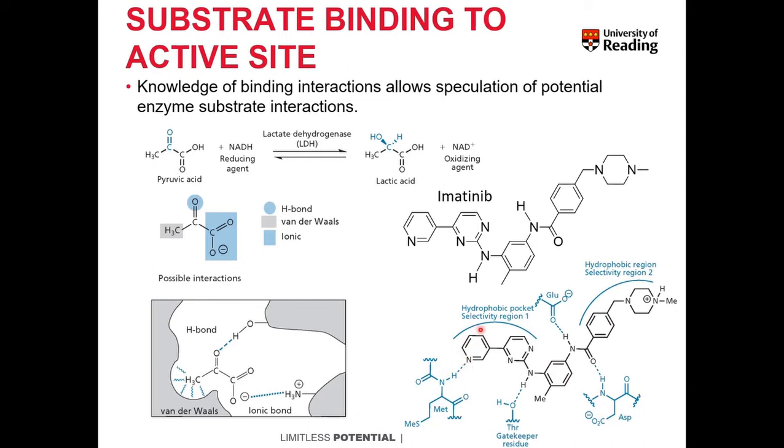We can see that these two rings will interact within a hydrophobic pocket, and so they form a hydrophobic interaction with the active site. We also have the NH here, which we thought could act as a hydrogen bond donor, and indeed it does. It acts as a hydrogen bond donor with an OH group from threonine.